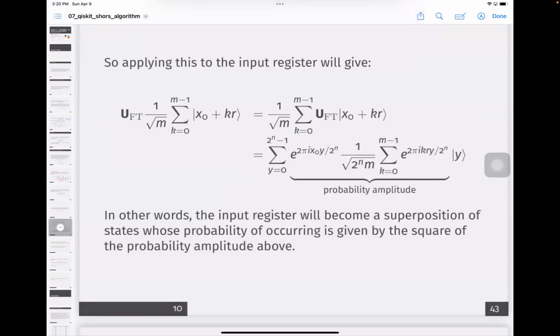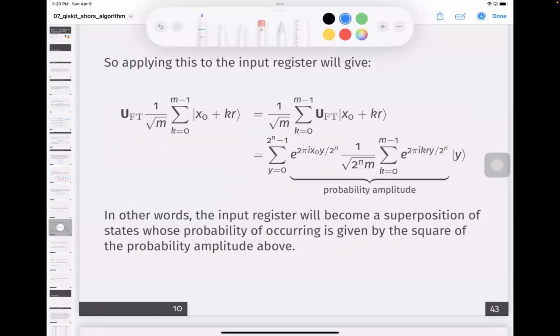So if you apply it to the input register, this is what will happen. Because of the linearity of the transformation, you can apply it to each term of the sum. So you apply it to here. Now applying the Fourier transform to x0 plus kr, this is what you will get.